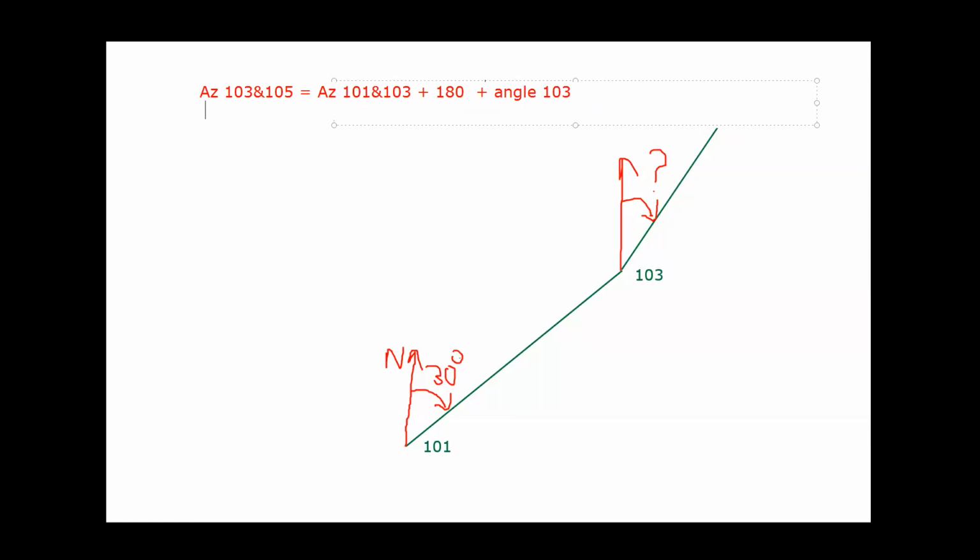Now let's substitute our numbers here. So what is the azimuth of 101, 103? That is 30 degrees, 0 minutes, 0 seconds, plus 180, plus the angle we have here. And I'm going to get this angle, again, the adjusted angle.